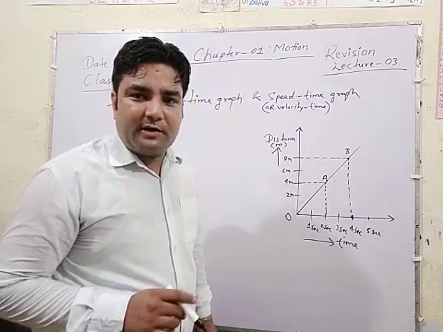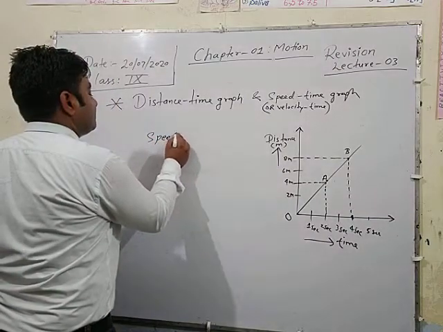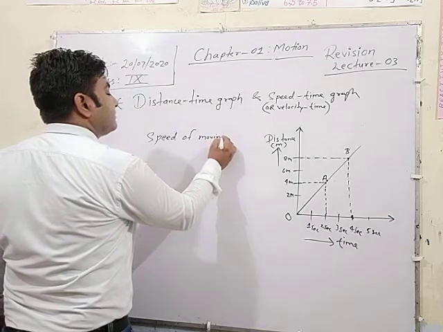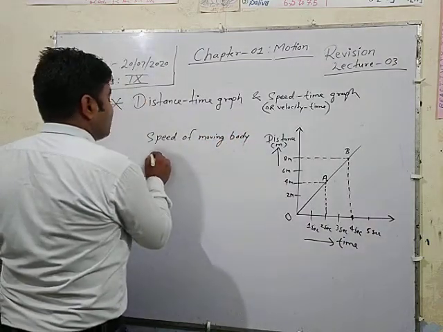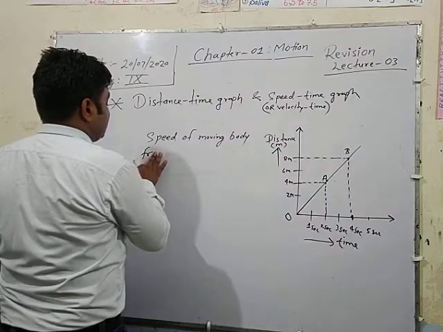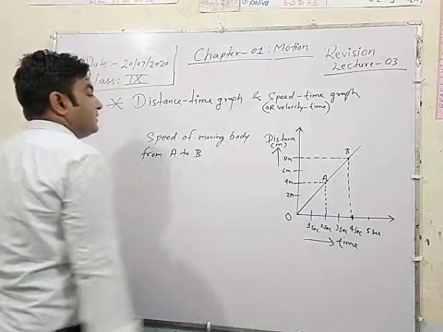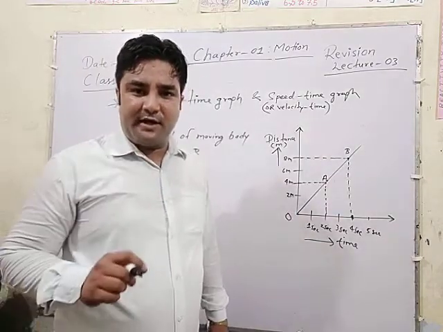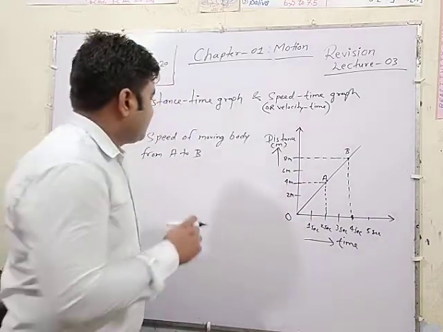We calculate the speed of the moving body from A to B. Here this is a straight line, which means uniform speed, or uniform motion, but we have to calculate the speed from A to B.